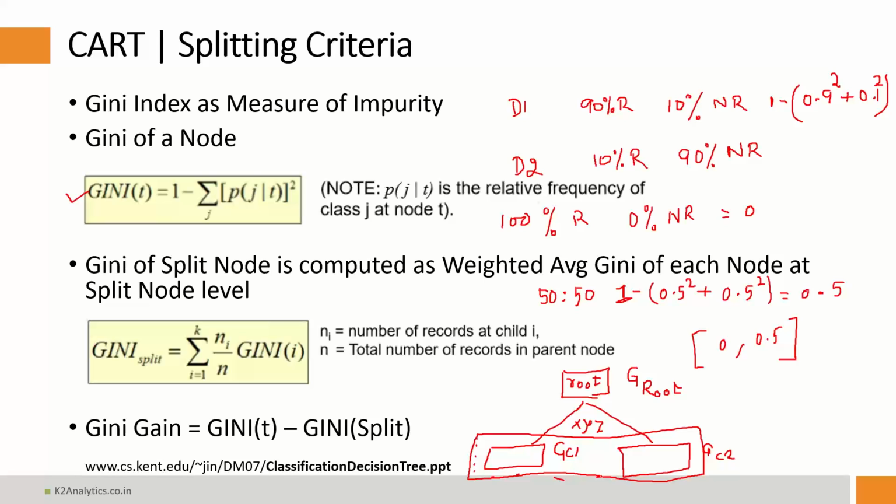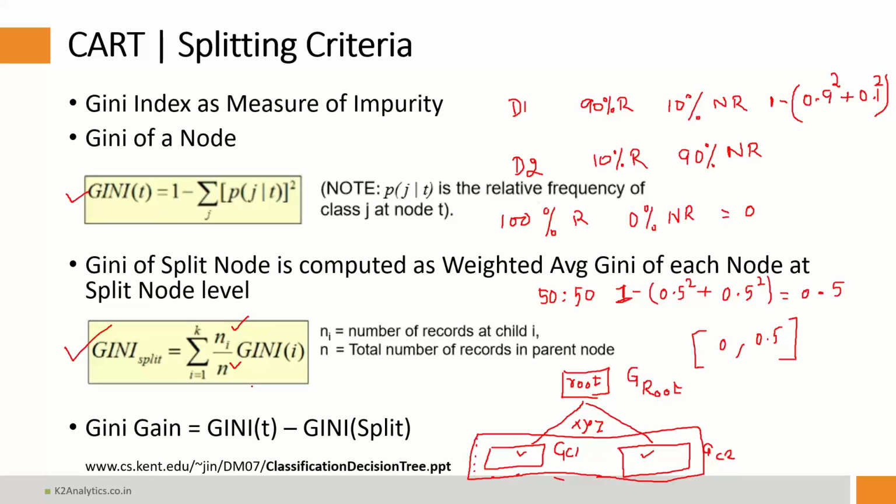How do you compute the Gini of these two nodes taken together? Using a weighted average. You have to assign weights to child 1 and child 2. The weights depend upon how many observations are there in the given child divided by the total number of observations. If there are more observations in, say, child 1, it will get higher weightage, and because there are fewer observations in child 2, it will get less weightage, and that's how you compute the Gini of the two children taken together.